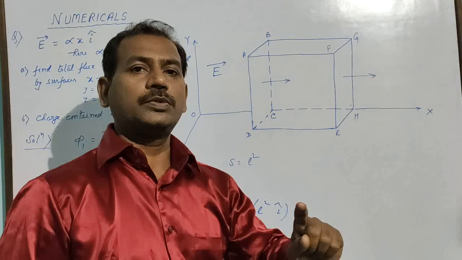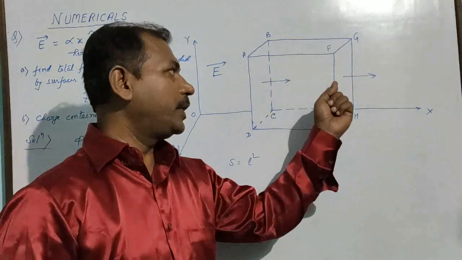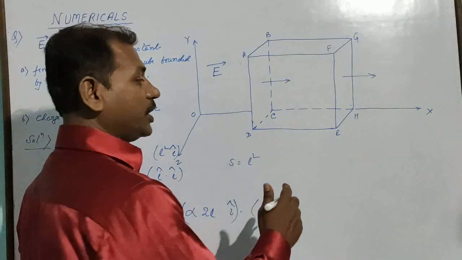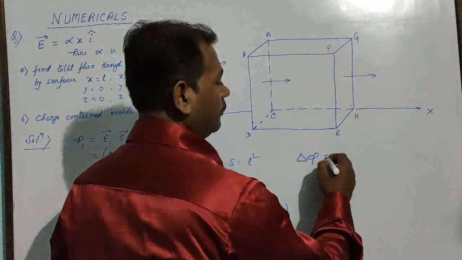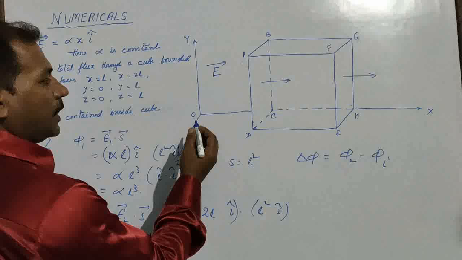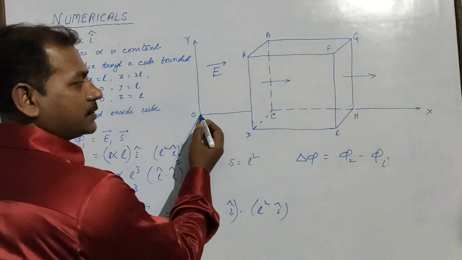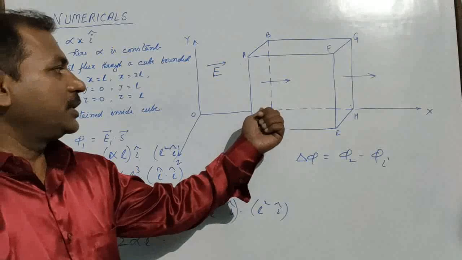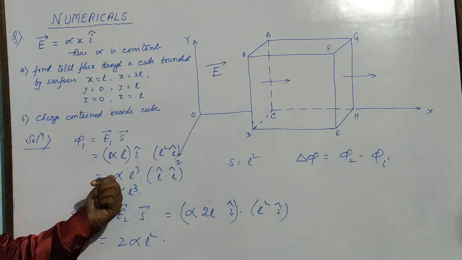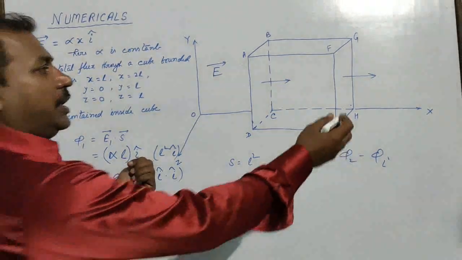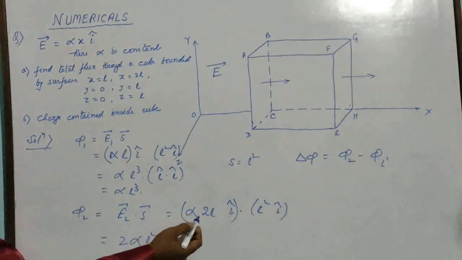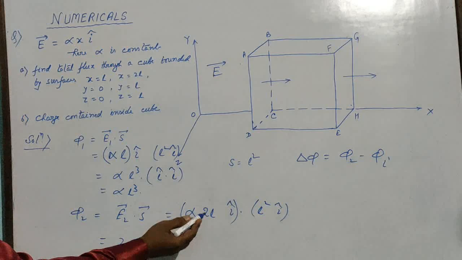If anybody asks you to find the net flux enclosed within the tube, what will you do? You will take the change of flux, del phi. Remember that the field intensity at this particular face will be equal to this much, and at that face it will be this particular value because it depends on x.